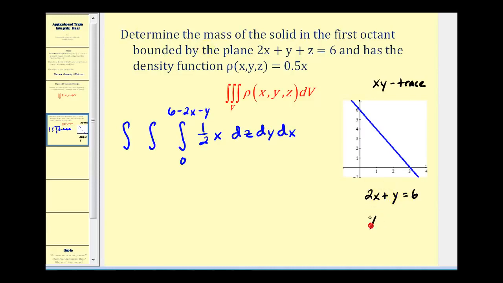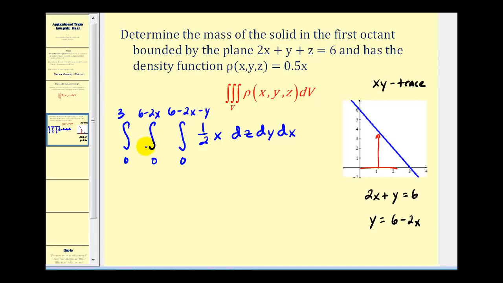We would have y equals 6 minus 2x. So y starts here at 0, and then it goes up to the line, again expressed as a function of x. So for the limits of integration for y, we would have from 0 all the way to 6 minus 2x. And then for the limits of integration for x, the interval would be from 0 to 3.